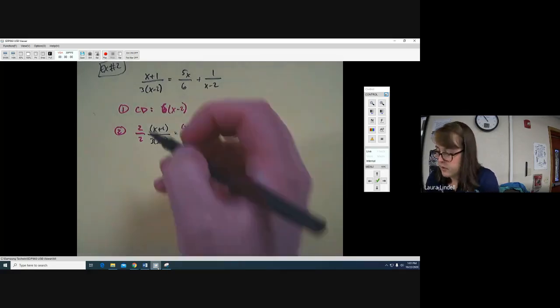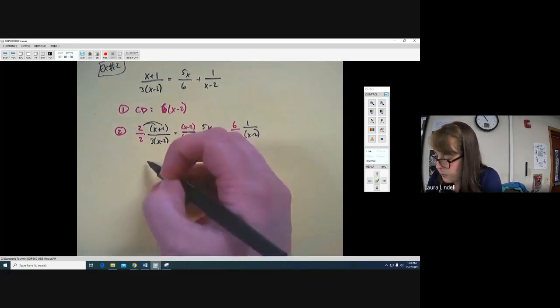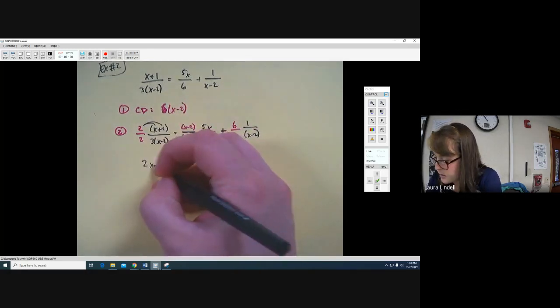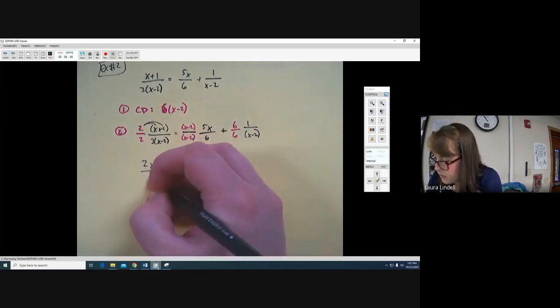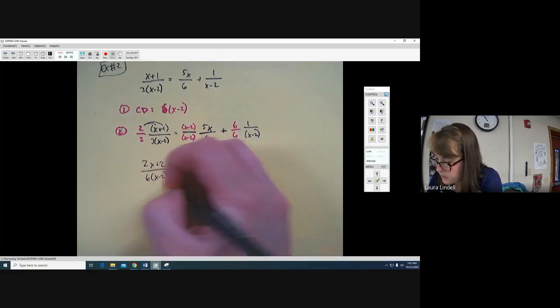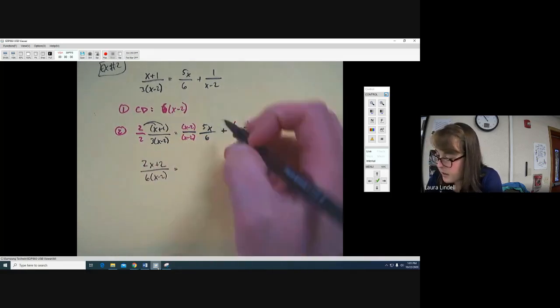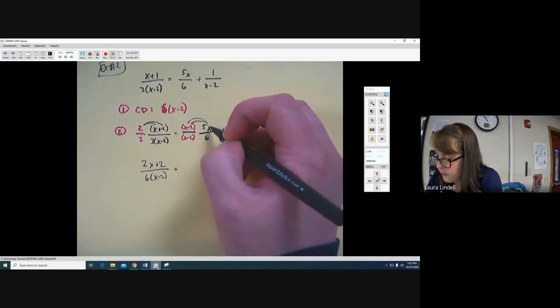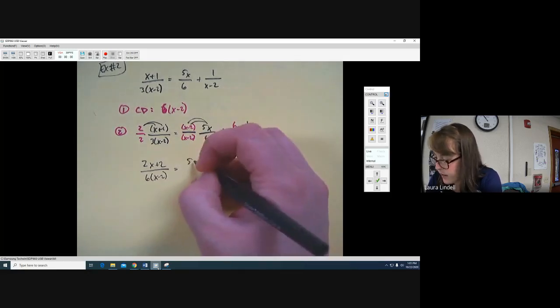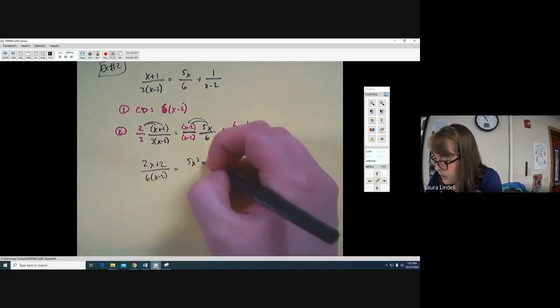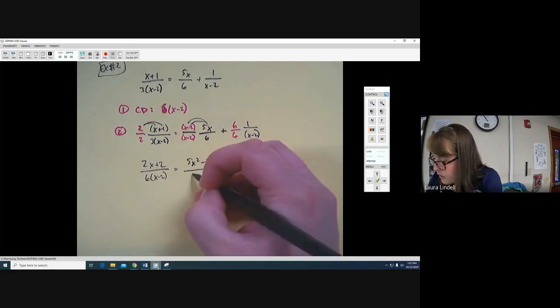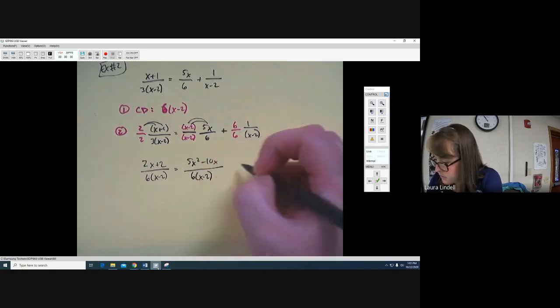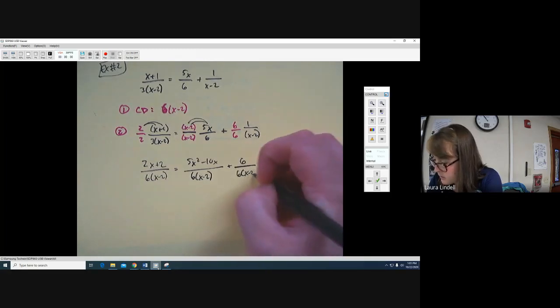So now I'm going to go through and distribute. We get 2x plus 2 over 6 times x minus 2. Here I'm distributing this, so we get 5x times 5 is 5x squared minus 10x over 6 times x minus 2. And then we get 6 over 6 times x minus 2.